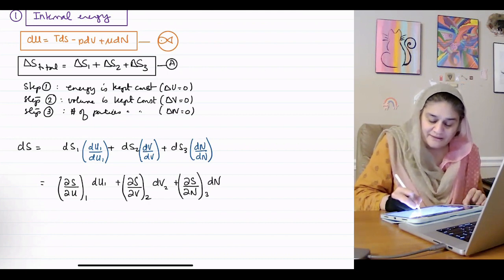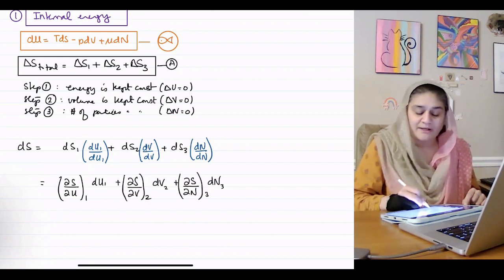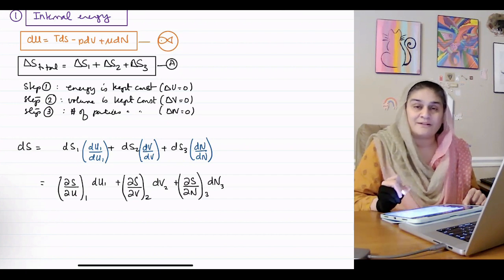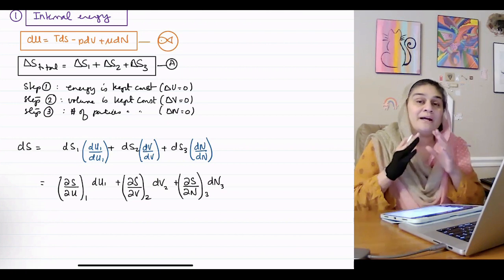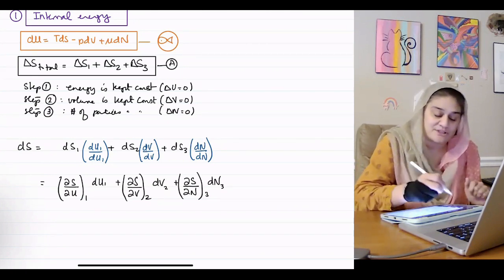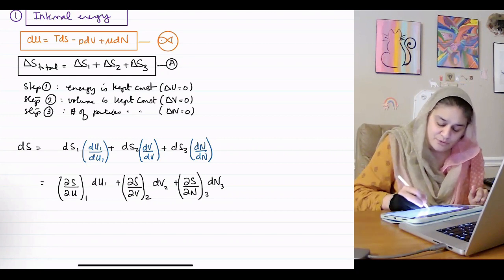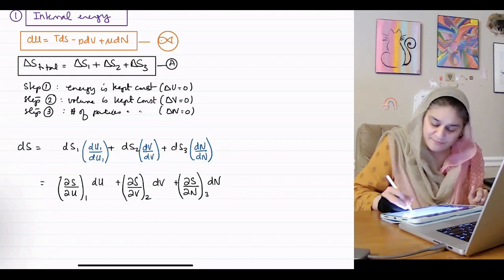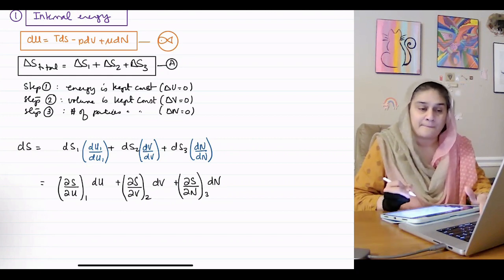Now, technically, I should be writing U1, V2, and N3. But I know that these changes are only occurring in these particular steps, so I'm going to drop these subscripts.